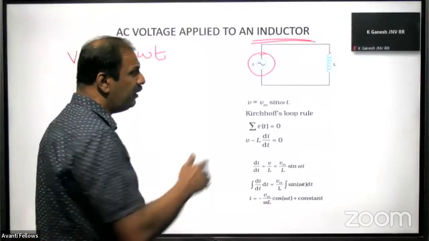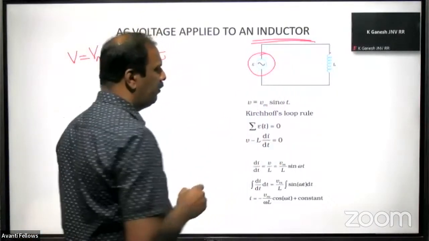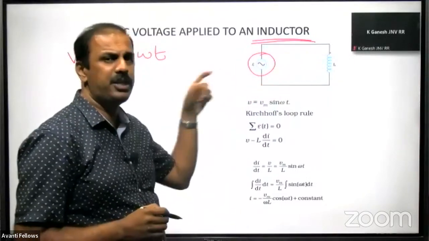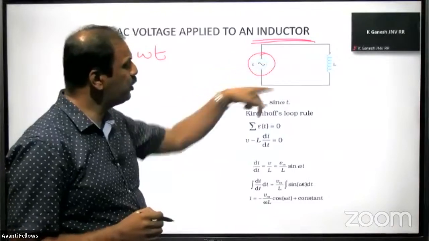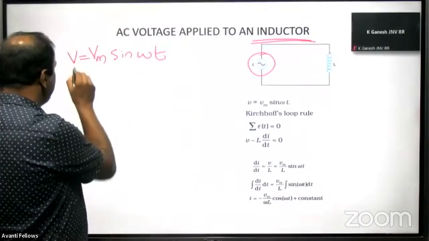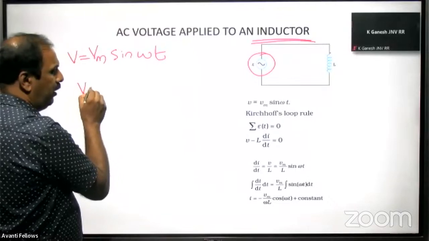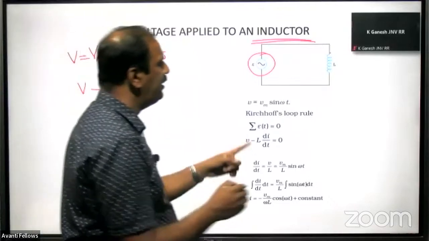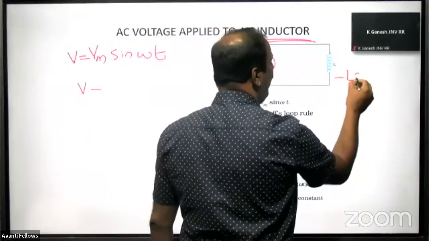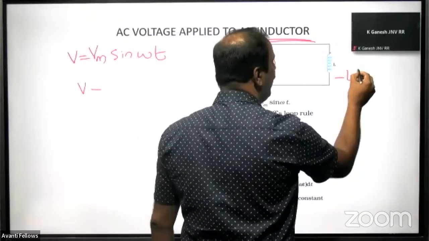Now we will use Kirchhoff rule here. What is Kirchhoff rule? In the total loop, the total potential should be 0. That is, here we have a voltage which is V, minus we have a voltage across this inductor. Across the inductor, what is the voltage? That will be L di by dt. That we studied.